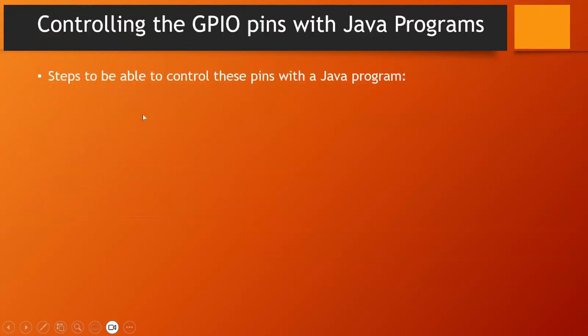Okay, steps to be able to control these pins with a Java program. There are 2 steps that you need to do. The first one is to install the WiringPi library into your Raspberry Pi. It's something that you need to do first, and then you can program. And again, I don't aim for this video series to be Hollywood style. It's just something that I want to put on record.